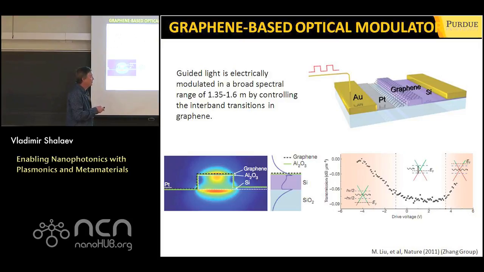Because you don't have interband transition, light is not absorbed, and transmittance through this structure is high. Whereas in this situation, which you could accomplish by simply changing the voltage, the Fermi energy is less than half of the photon energy, so interband transition occurs, there is absorption, and transmittance drops. So you could electrically modulate and let more or less light go through this silicon wire or silicon waveguide.